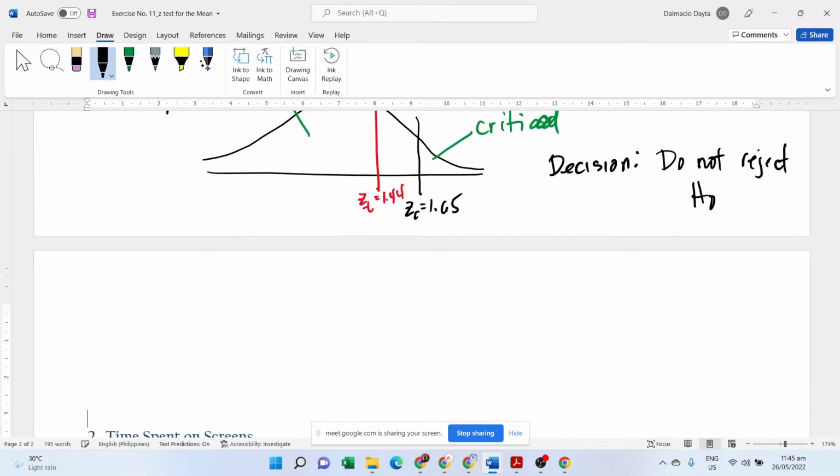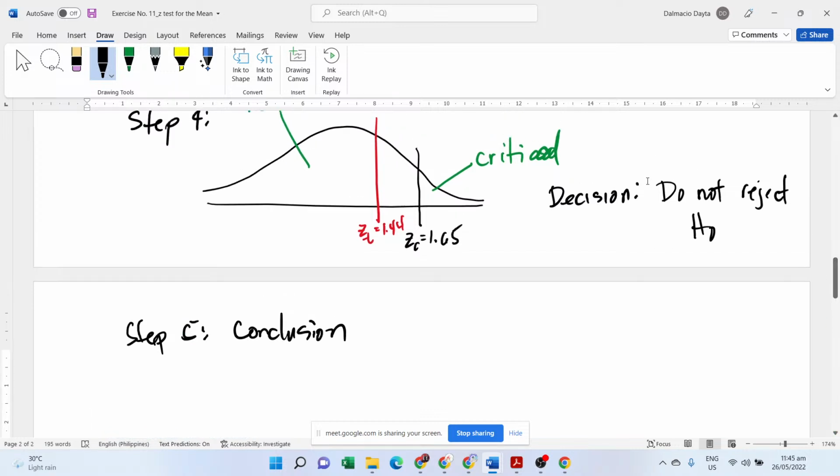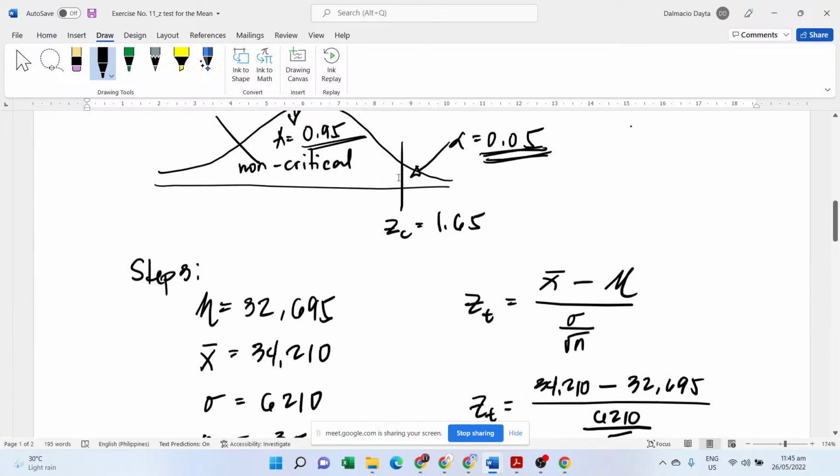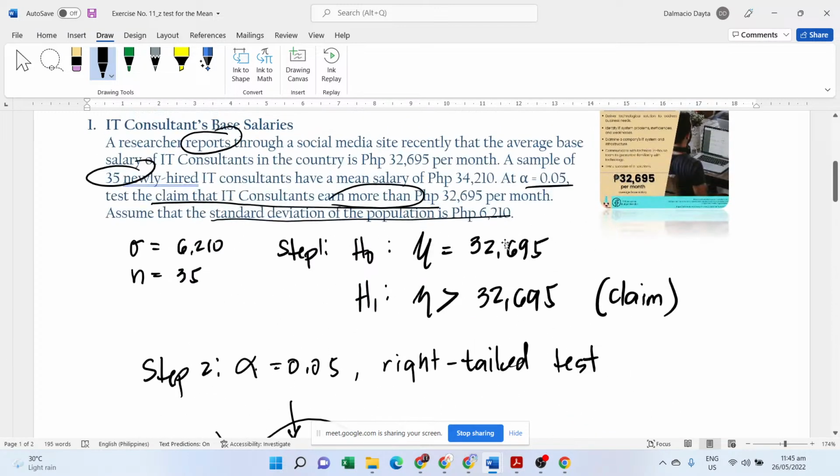The last step, step 5, is the conclusion. Step 5, you write the conclusion. Ano yung conclusion natin? Paano tayo magko-conclude? The decision is do not reject the null hypothesis. Let's go back to our null hypothesis. There is no significant difference still.